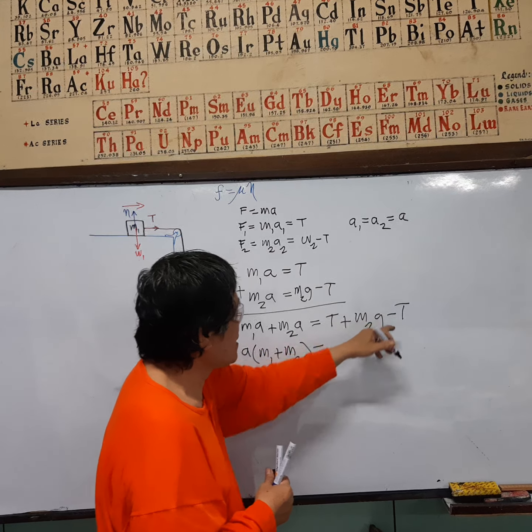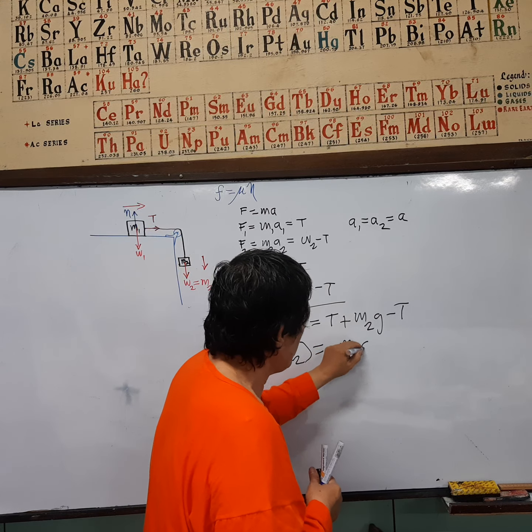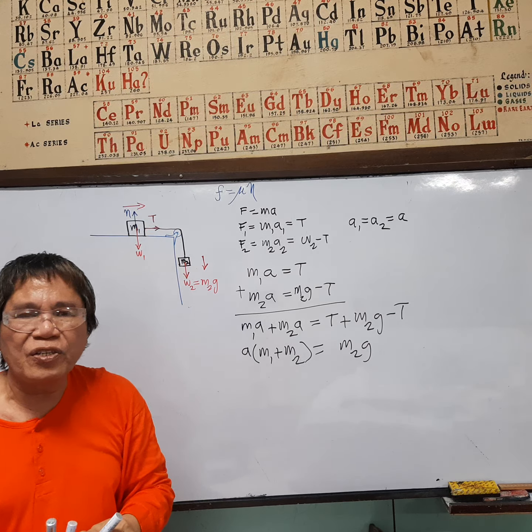And then T minus T is 0, so you have M2G. No more T because the tension cancelled out.